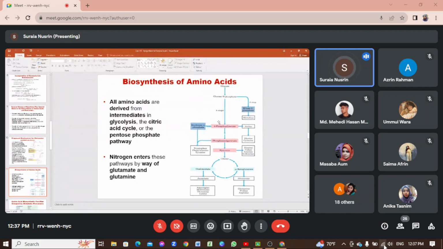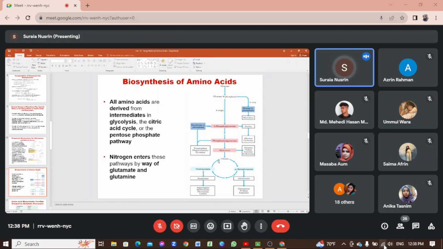That pathway from 3-phosphoglycerate to serine we learned in carbon dioxide fixation. From serine, we can get glycine as well as cysteine, and then pyruvate. From pyruvate, we can get alanine by a transamination reaction, and other amino acids are also synthesized from pyruvate.